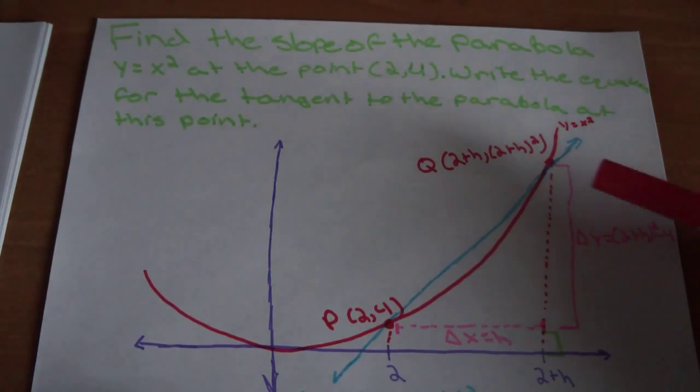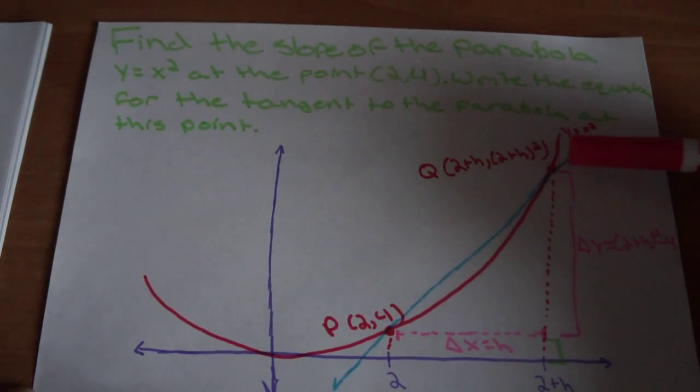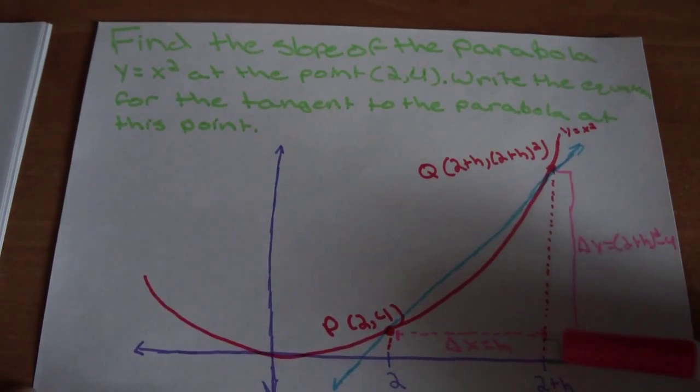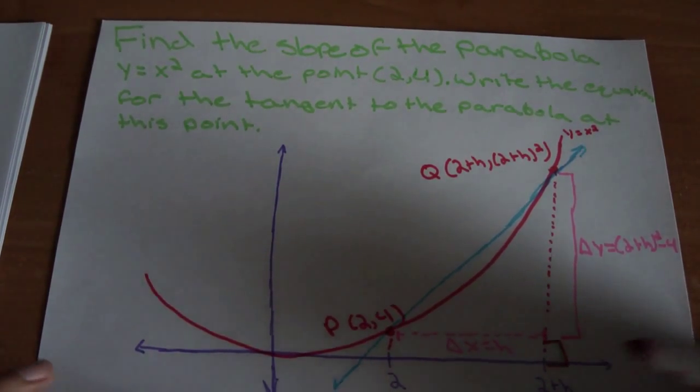And then we needed to figure out delta y. Delta y is equal to 2 plus h squared minus 4, because the y value for point Q is 2 plus h squared, and we subtract 4 because we have to subtract this portion down here.